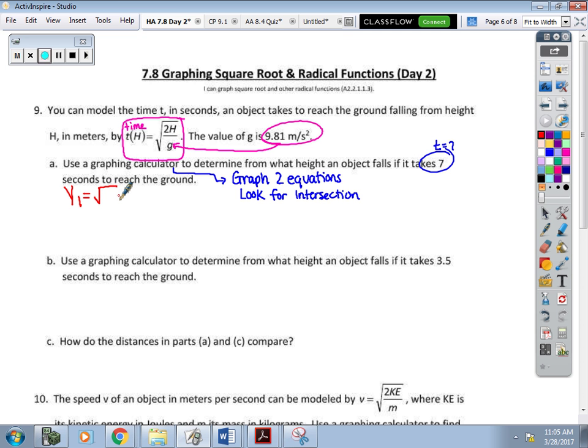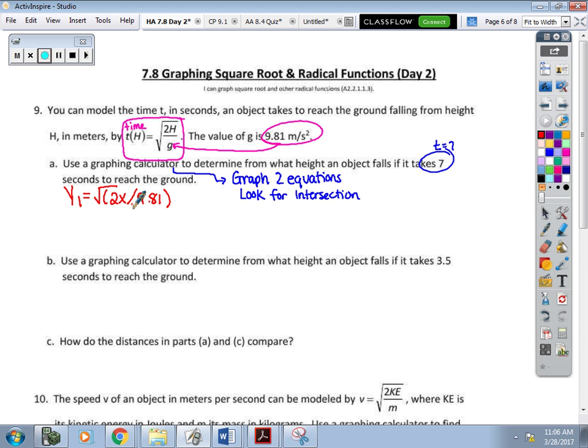So in the calculator, we'll type our square root, and it'll be parentheses 2. Now instead of h, our graphing calculator, we have to put in x. Now if you wanted, you could actually put an extra set of parentheses around the 2x.